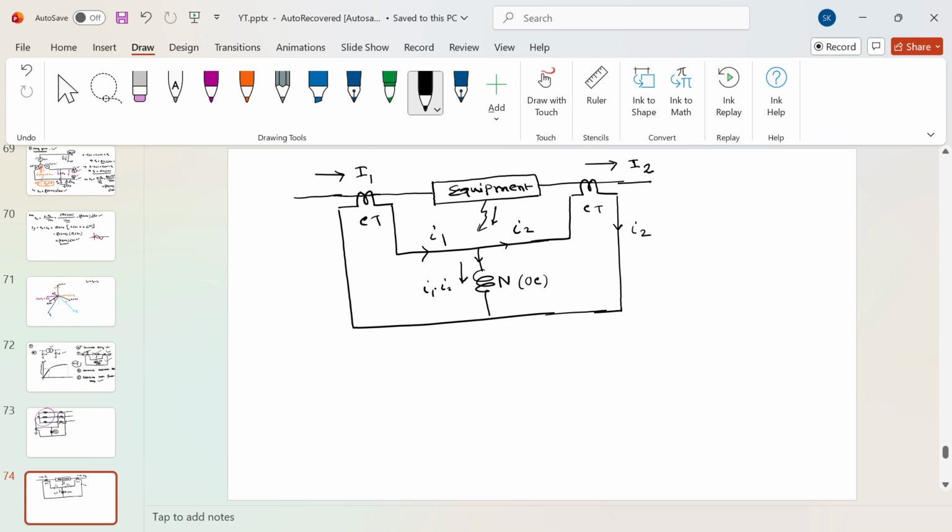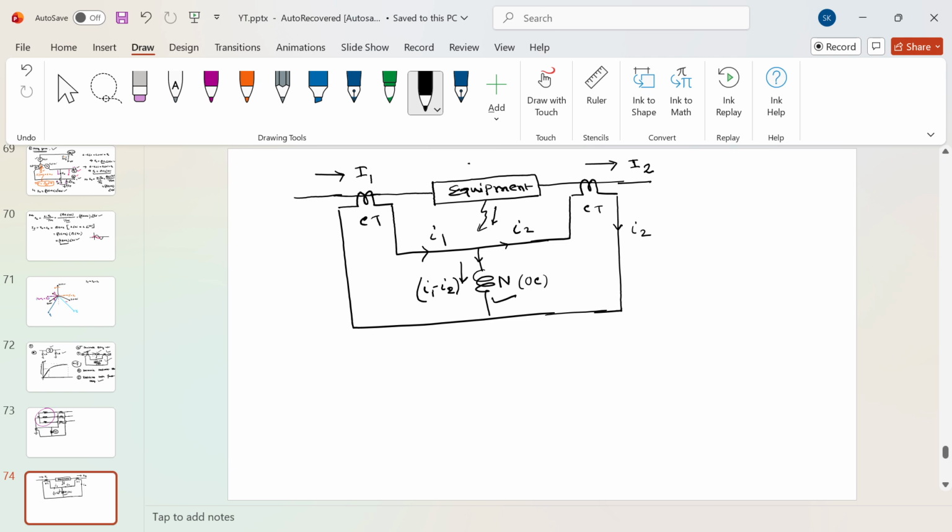This is a non-zero current, and if it is more than the specified value, the coil will produce a force, send the trip signal to the circuit breaker, and it will trip.